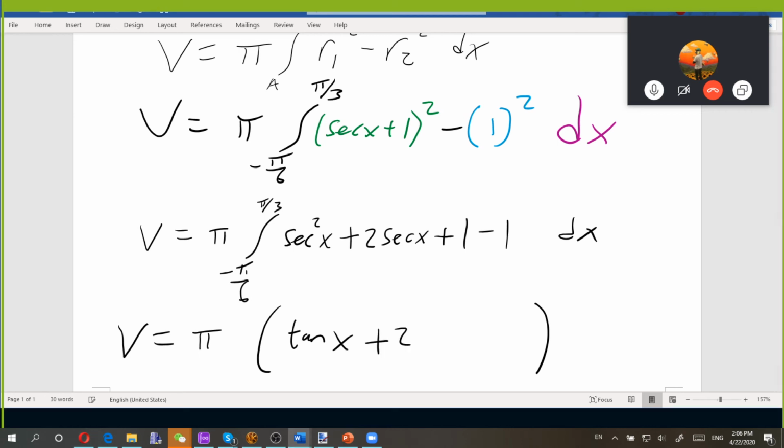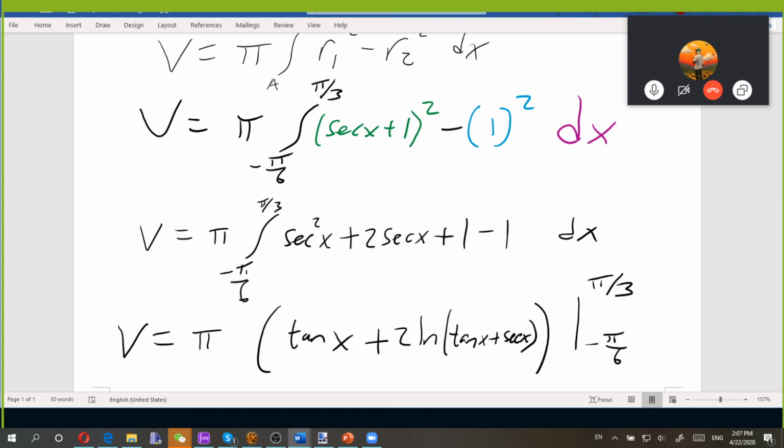If I integrate secant, I'll end up with the natural log of tangent plus secant, which I don't expect us to know yet, but this is just me picking a problem off the top of our head that we haven't actually learned how to integrate yet. And then the 1 minus 1 is going to cancel. So this is from negative pi over 6 to positive pi over 3.